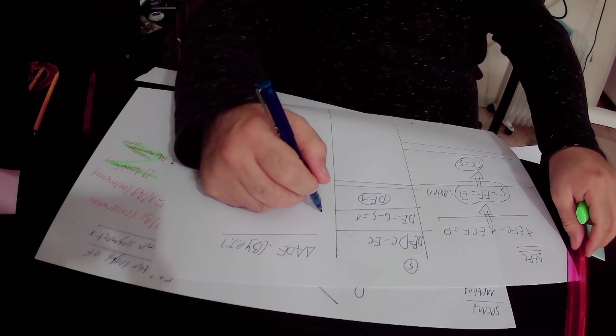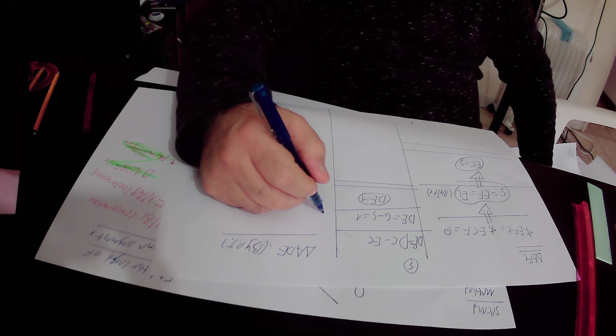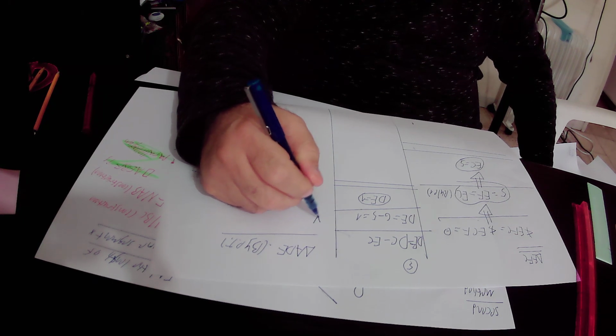The square of the hypotenuse equals the sum of the squares of the perpendiculars. This will be equation number 4.